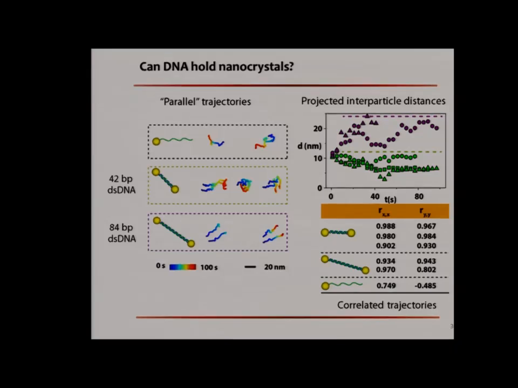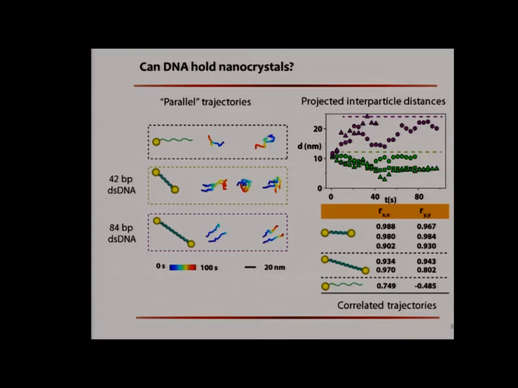For two gold nanoparticles in a dimer, their motion is highly correlated, with a correlation coefficient close to 1. But for our control, if we look at two randomly chosen single nanocrystals, their correlation coefficient sometimes can even go negative, which means there's nothing holding them together.